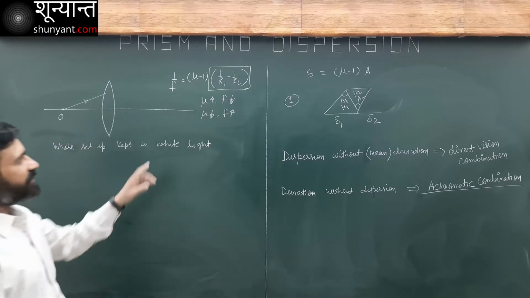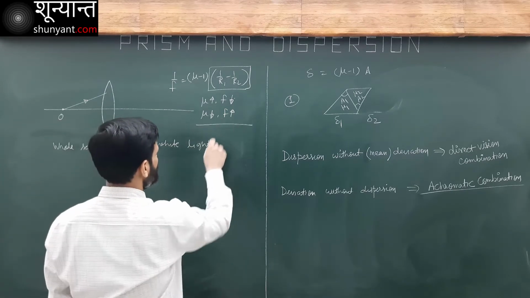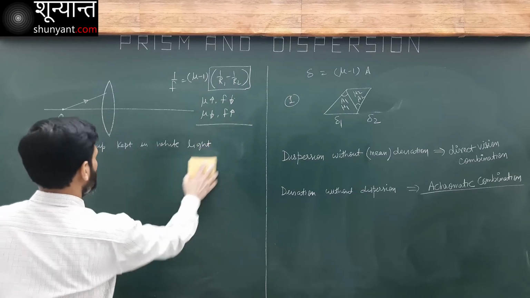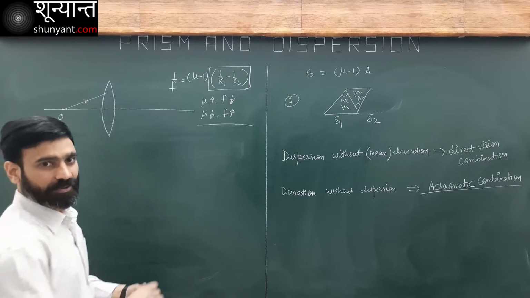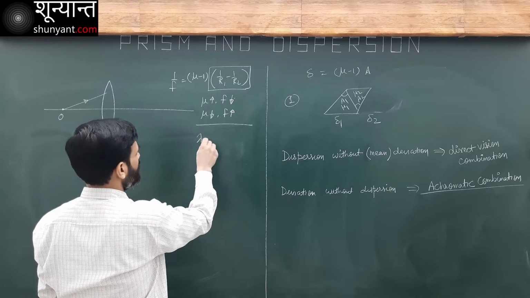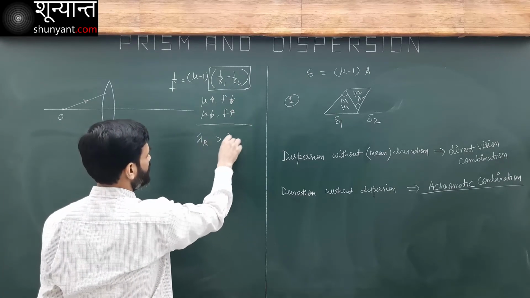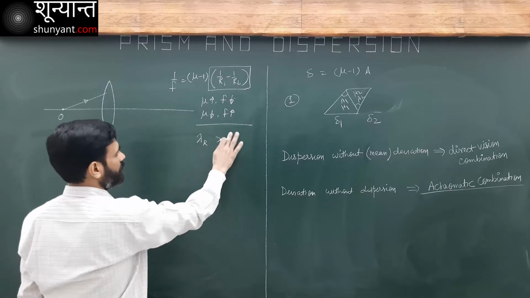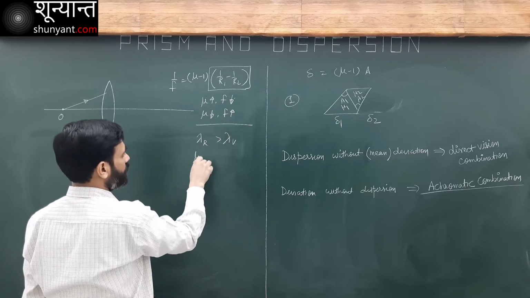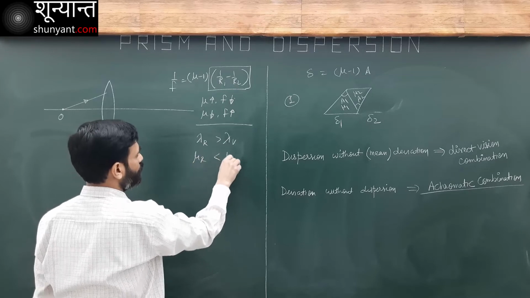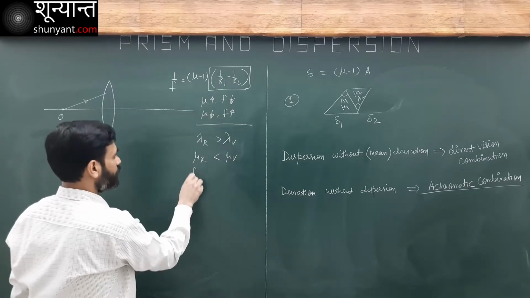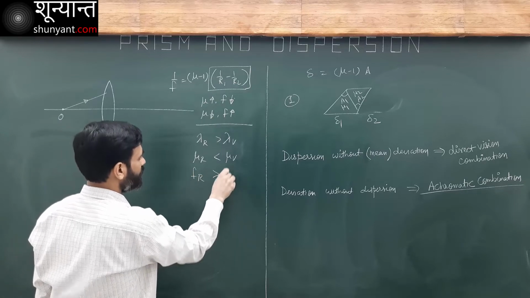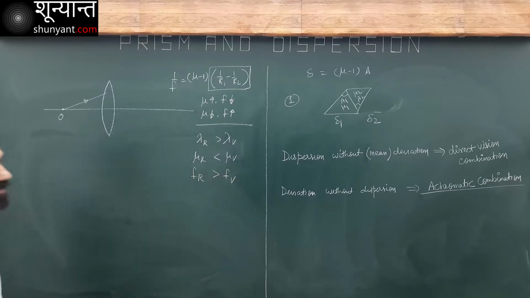Now, the wavelength of red is more than the wavelength of violet. Mu of red will be less than mu of violet. Mu decreases, focal length increases. That means the focal length of red will be more than the focal length of violet.